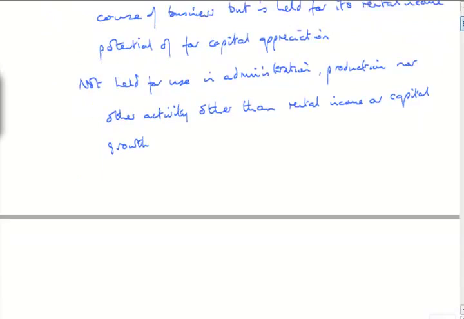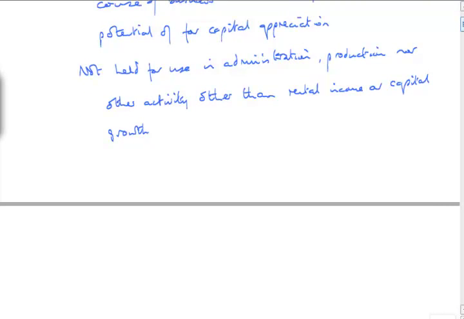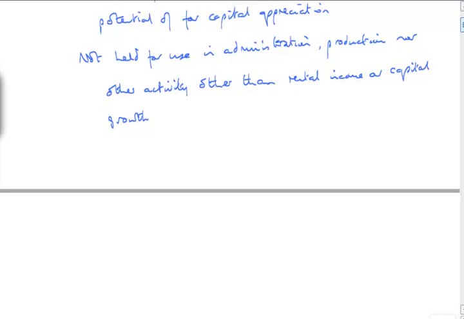Now some of you are going to say that's not the definition according to IAS 40. You're absolutely right. I am not so familiar with IAS 40 that I could give you a verbatim definition.